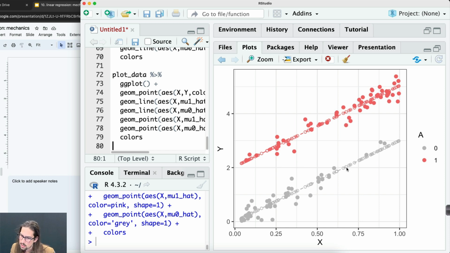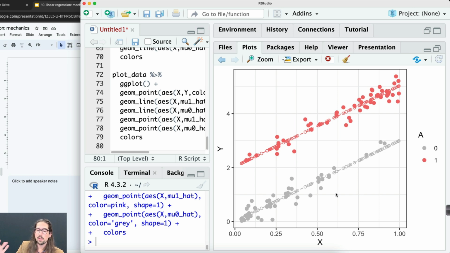So you can see here I'm getting these empty dots, which are predictions for all of these pink people who got treated. It's their predictions for what would have happened to them if they weren't treated. Okay, and then vice versa, all of these dots are standing in as the predictions for what would have happened to these guys if they were treated, contrary to the fact that they actually were not, right?